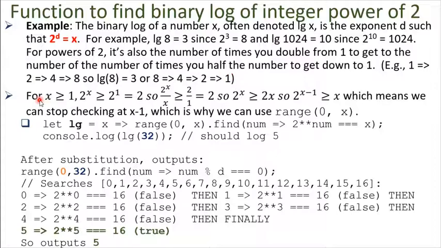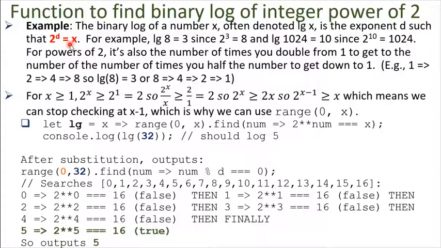So if you're trying to think of how you would solve this problem of finding the binary log, you could ask, does 2 to this power equal x? And what would you start checking with? You'd start checking at 0, because you know that your number is going to be 1, or 2, or 4, or 8.